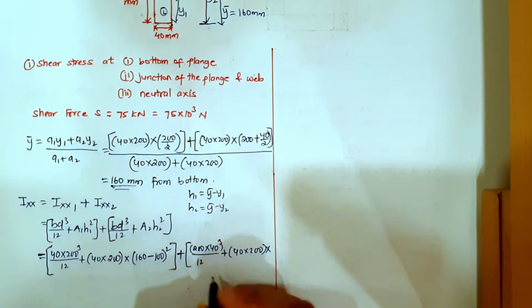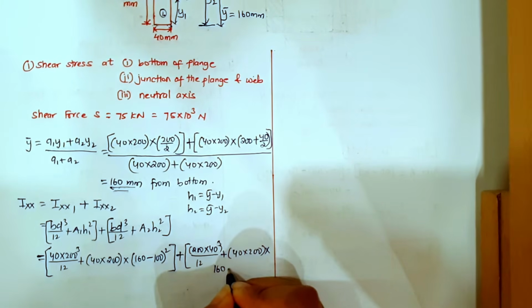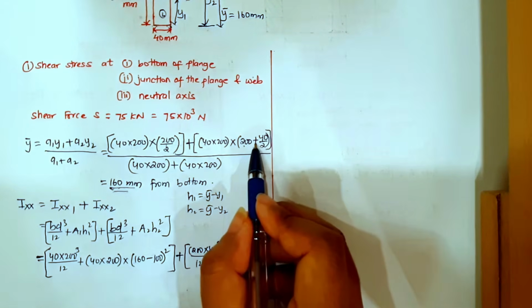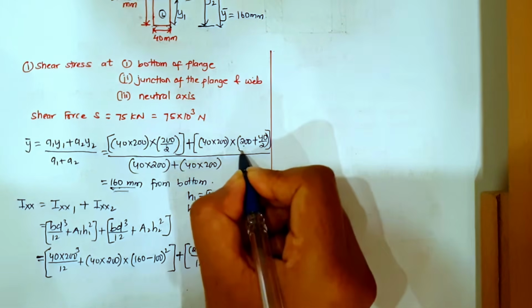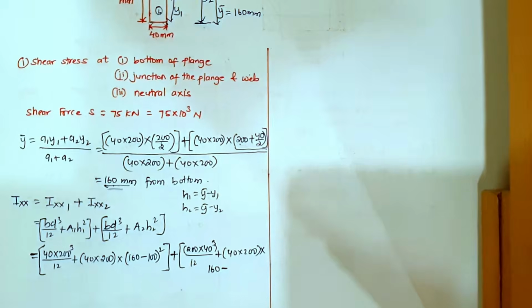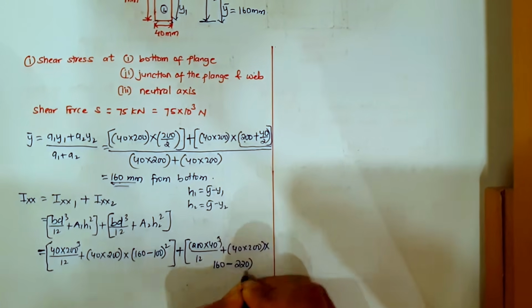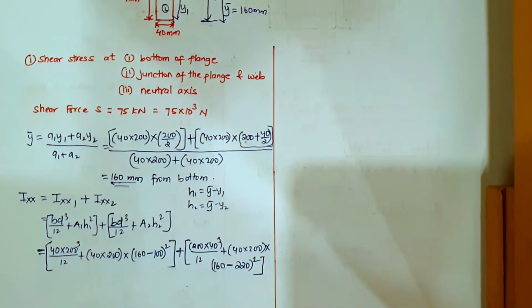Y bar is 160, so 160 minus y2. How much is y2? 20 plus 40 by 2, that is y2 here, so it will be 220, so 220 the whole square. So this is the value for Ixx2.